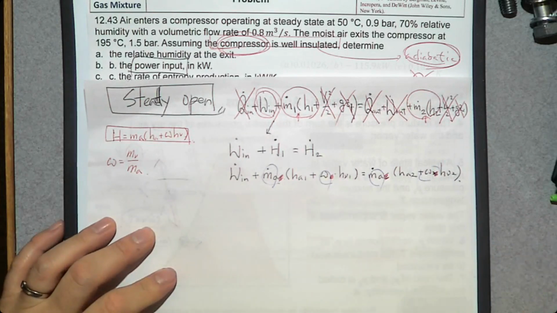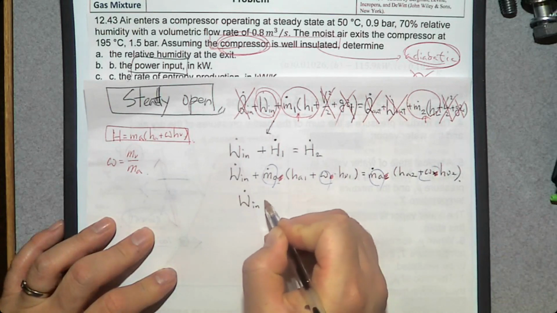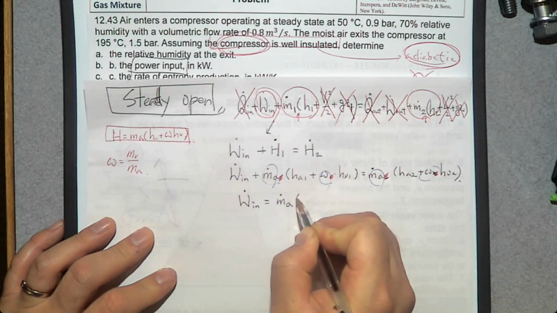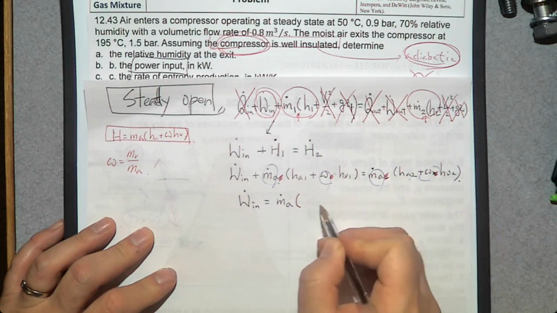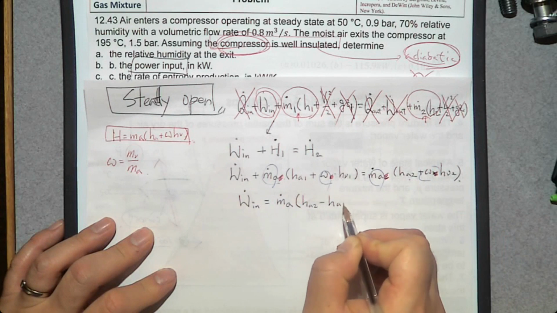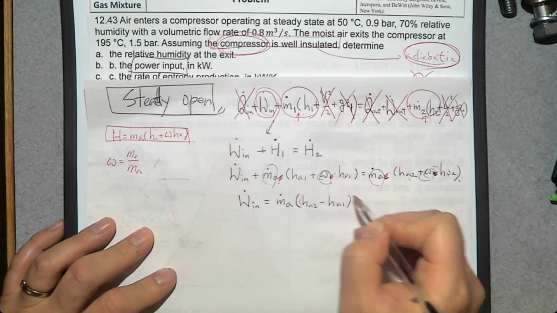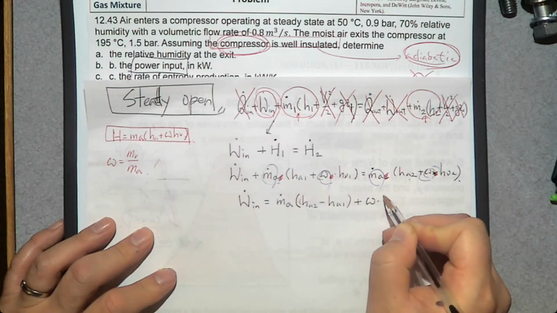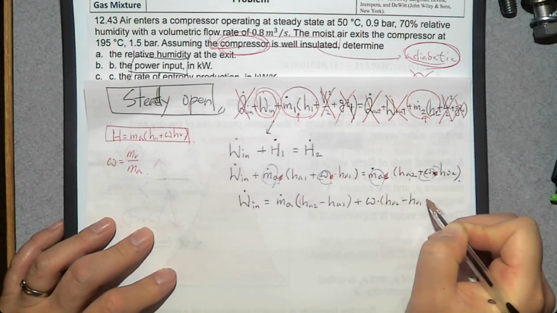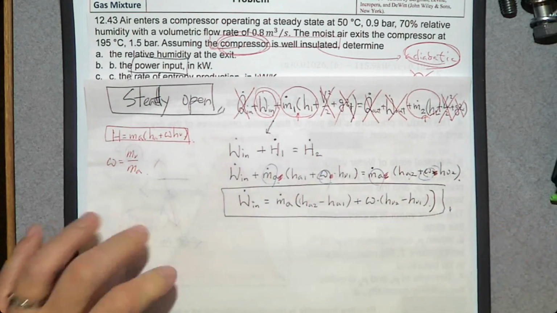Then W dot in, that's the power input to the compressor, is going to be m dot of A times (h_A2 minus h_A1) plus omega times (h_V2 minus h_V1). So this is the governing equation.